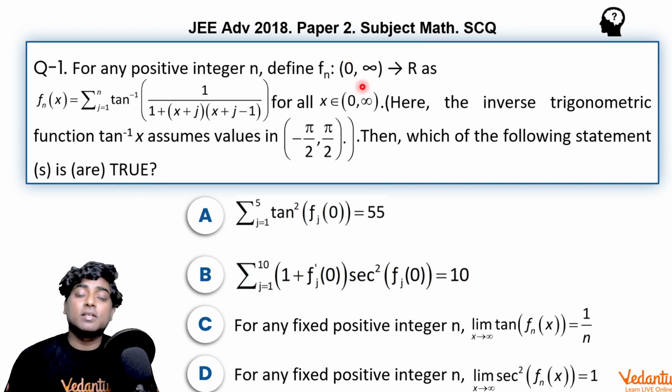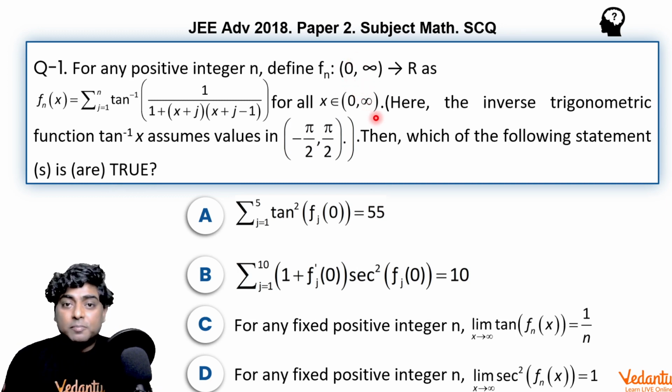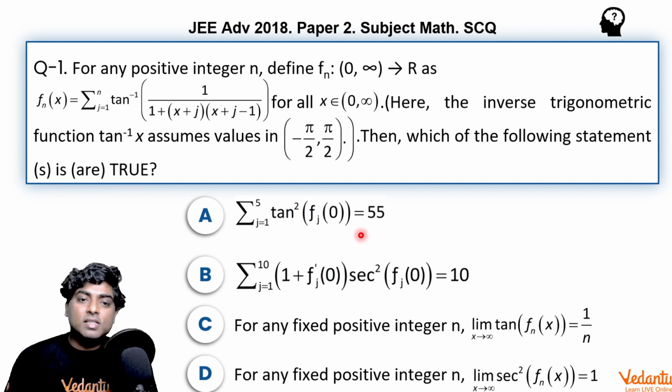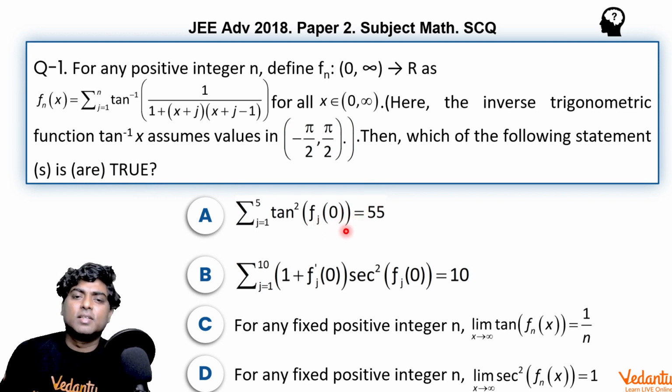But as 0 is not included in the domain, we consider A and B to be wrong options for this question, not correct, because f(0) is not defined. So how can the sum of tan square of f(0) be 55 or something? This is undefined. A and B options are outrightly wrong, I mean not correct.